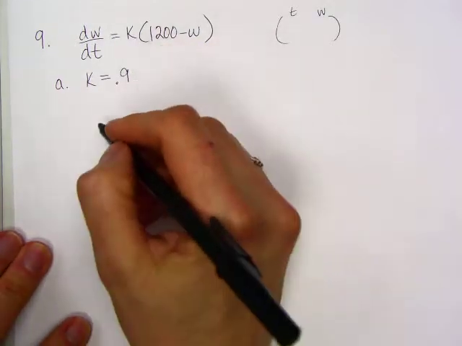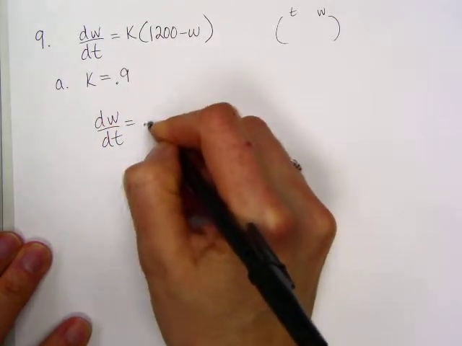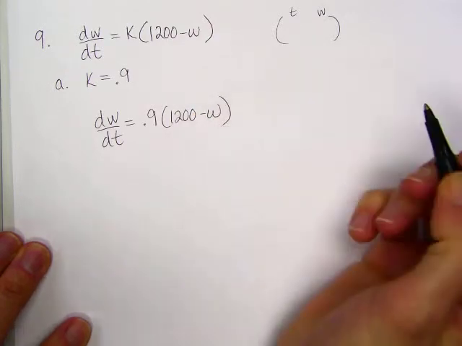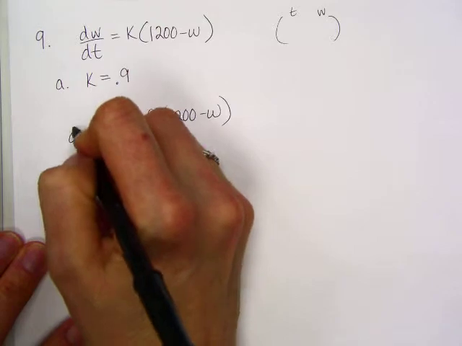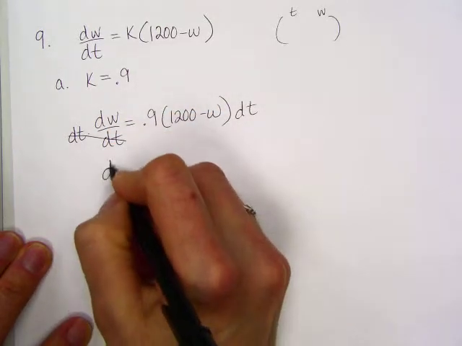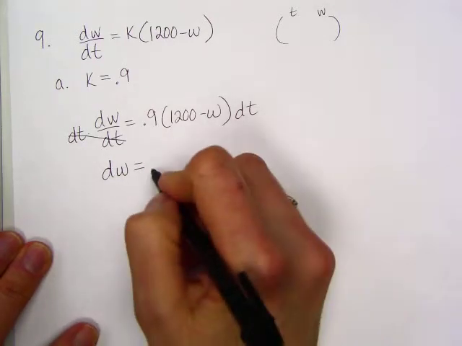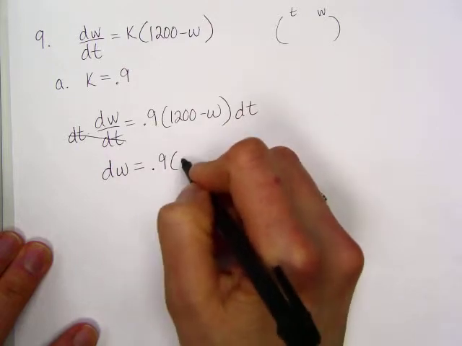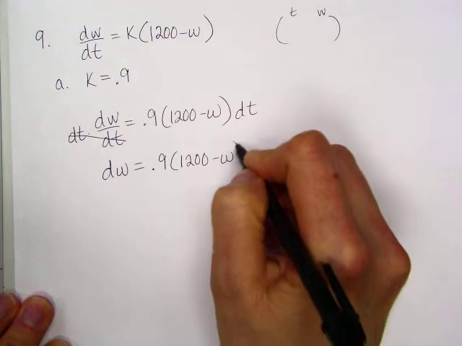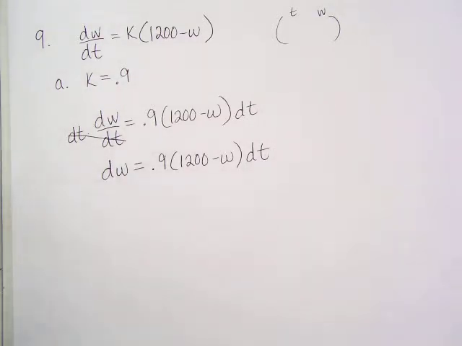So we're going to go ahead and plug that in there, because that's our constant. And then we're going to multiply both sides by dt. And we get dw equals 0.9 times 1200 minus w with respect to t.